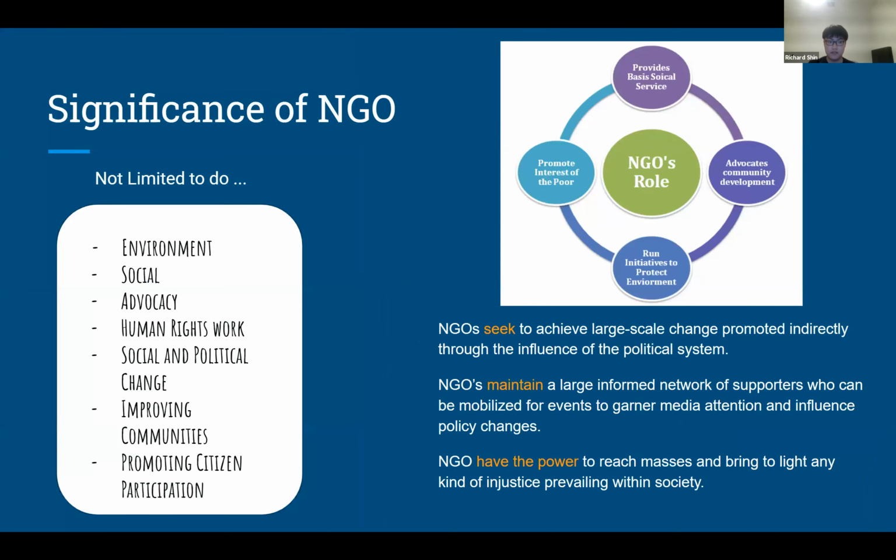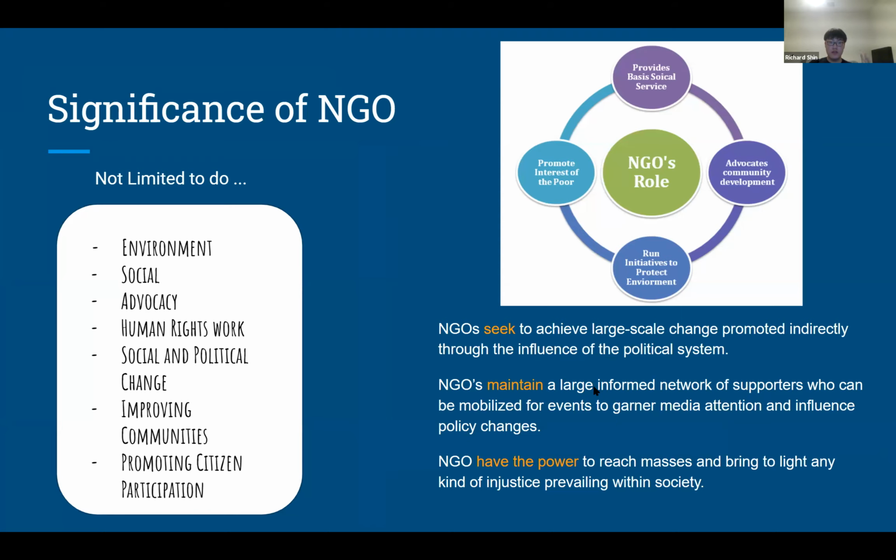Second, what is the significance? As I inferred in the last slide, a non-government organization is free from interference by the government or other essential power. So they're not limited in doing the activities listed on the left. What NGOs do is seek to achieve large-scale change promoted indirectly through the influence of the political system, and they maintain a large informed network of supporters.